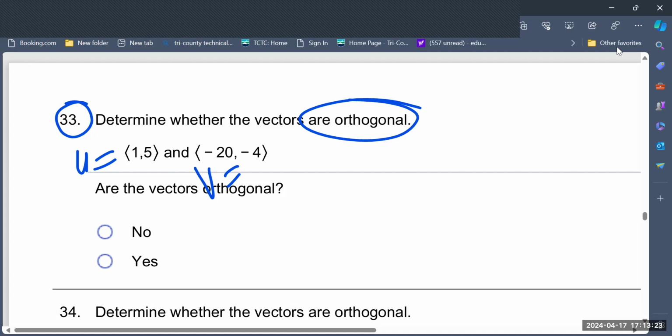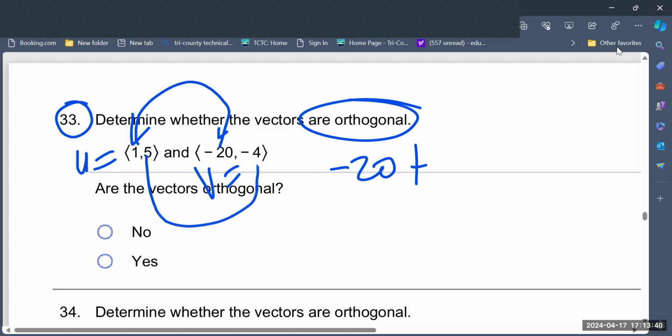So the x component of u multiplied by the x component of v: I have 1 multiplied by negative 20, which is negative 20, plus the y component of u multiplied by the y component of v.